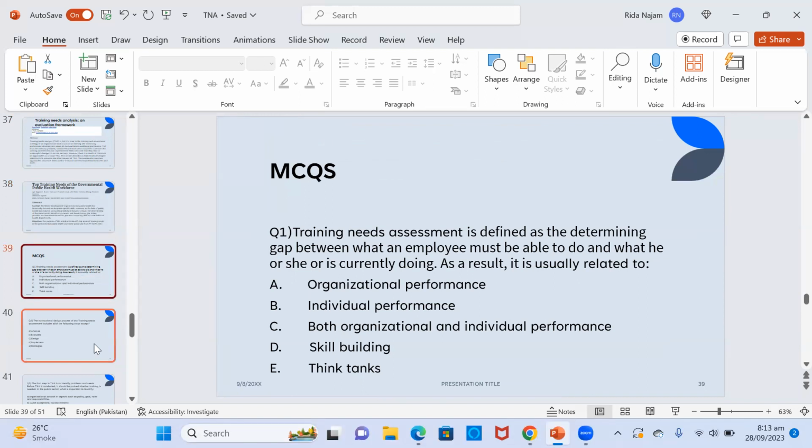Coming to MCQs. Question number 1. Training needs assessment is defined as the determining gap between what an employee must be able to do and what he or she is currently doing. As a result, it is usually related to A, organizational performance, B, individual performance, C, both organizational and individual performance, D, skill building, or E, think tanks.